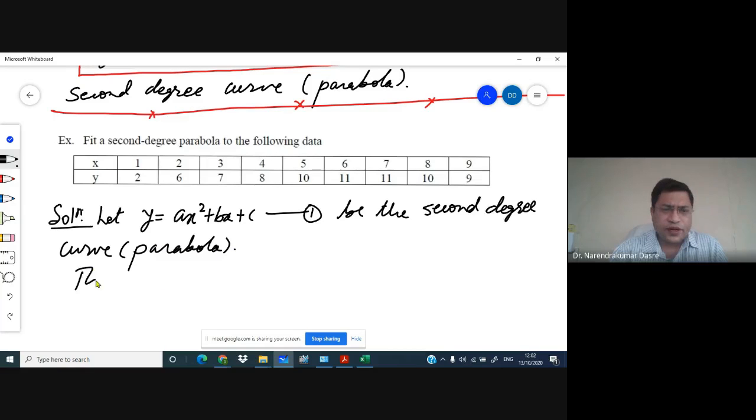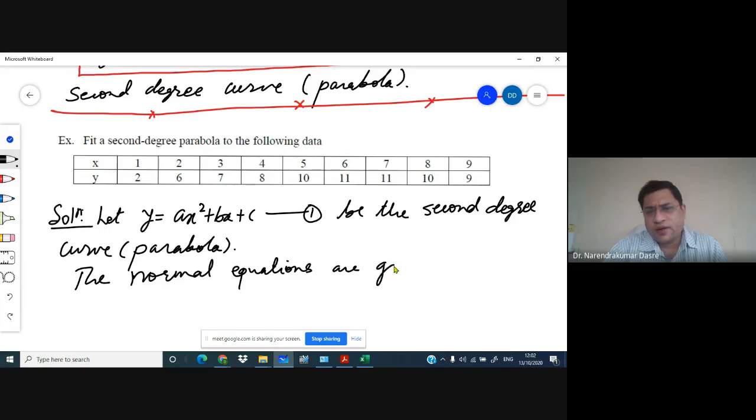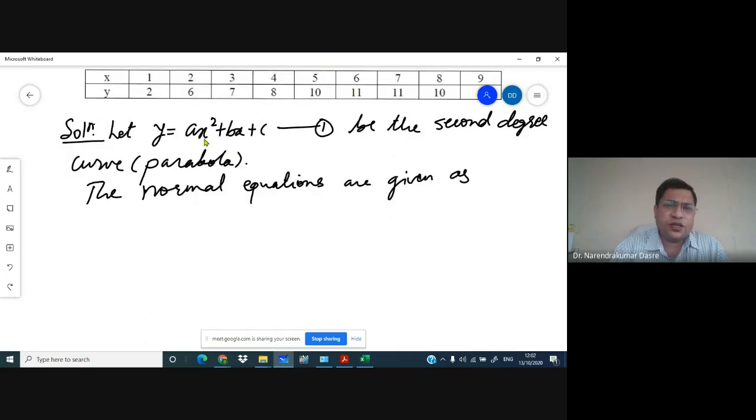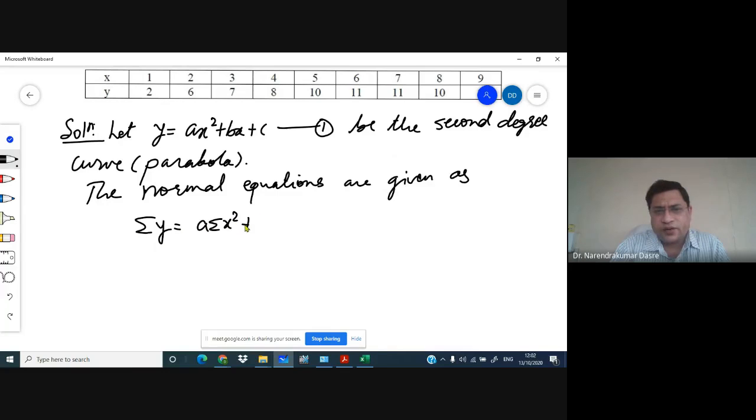Okay. So we can write the normal equations. According to the equation of the curve that we assume, we have to write the normal equations. So the normal equations are: summation y equals a summation x square plus b summation x plus nc.